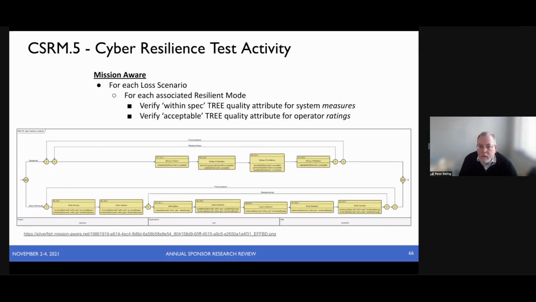So, for example, the little reference architecture that we have for test includes notions of building into the system ways of interfacing with the operator for the purposes of evaluating resilience response that can be viewed as direct support of operational test.